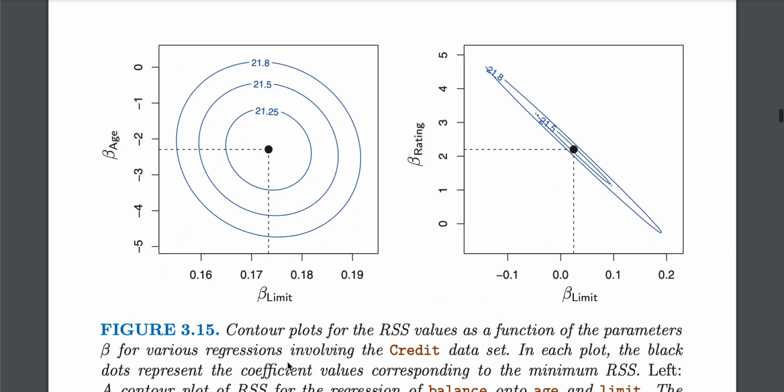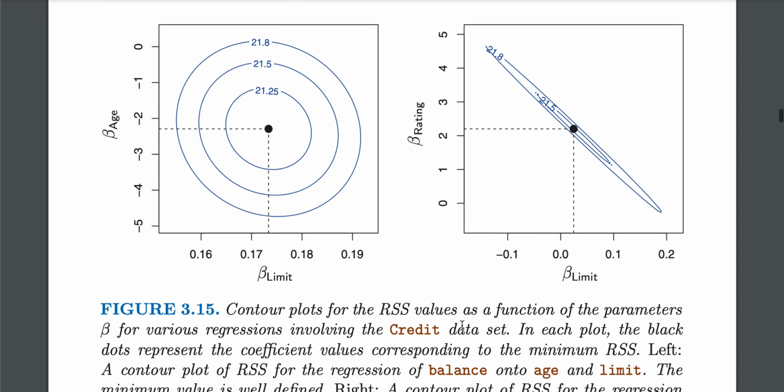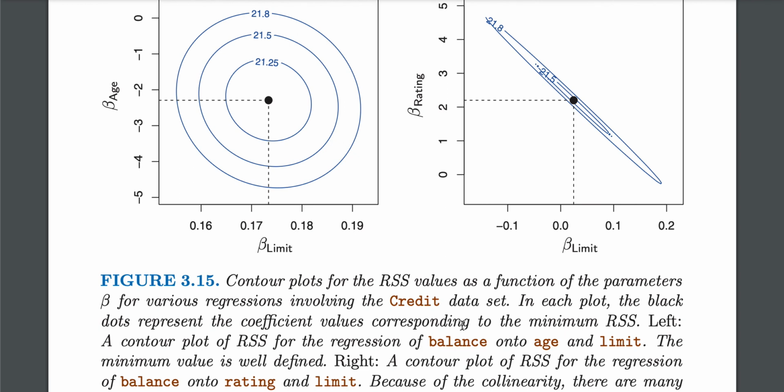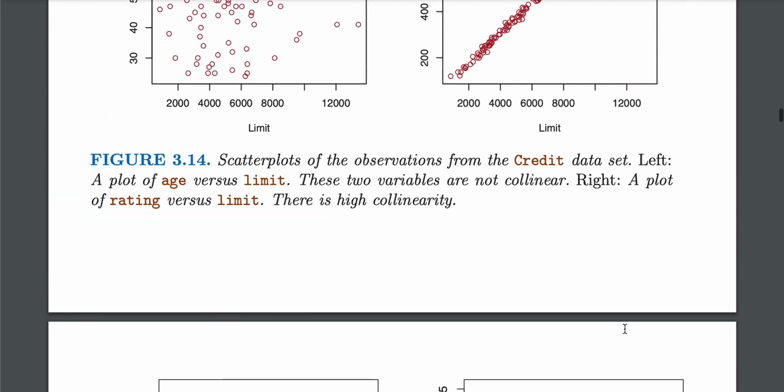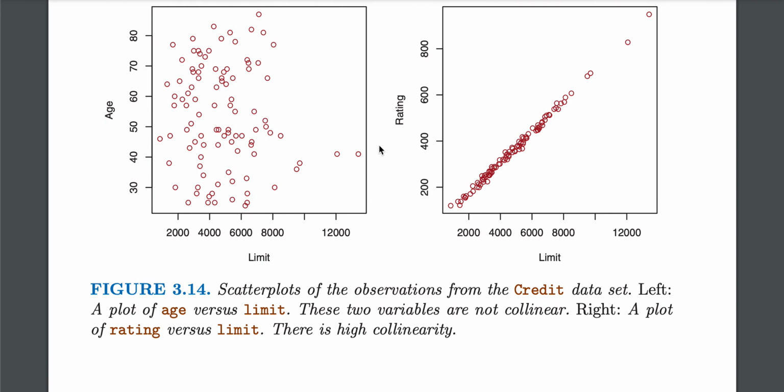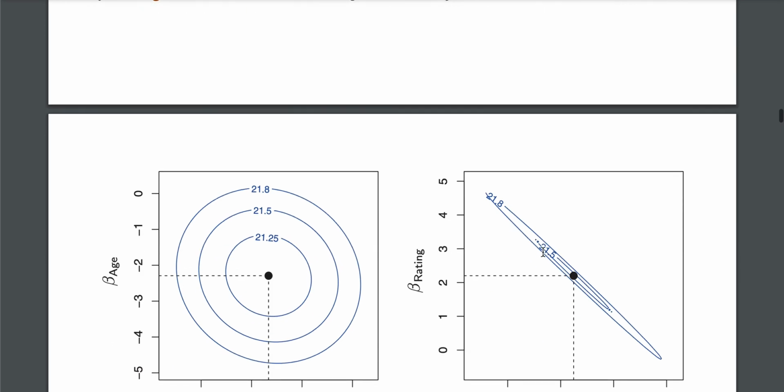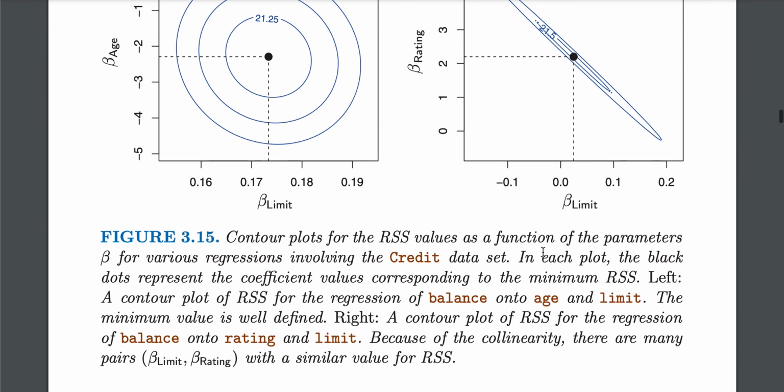Now, when it comes to the coefficients we get when we fit balance onto rating and limit, because of the collinearity, meaning that rating and limit are so dependent, there are many combinations of rating and limit that may lead to a small residual sum of squares.